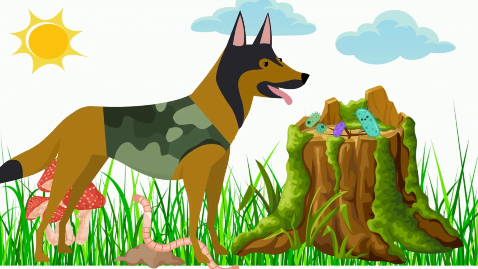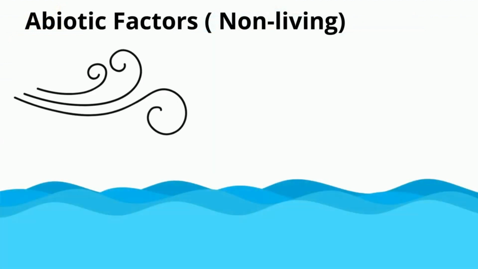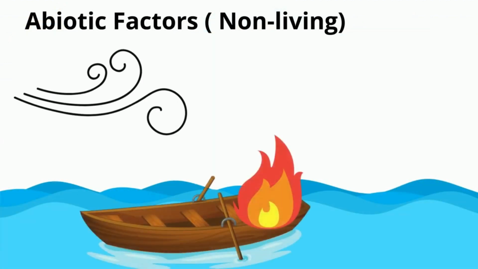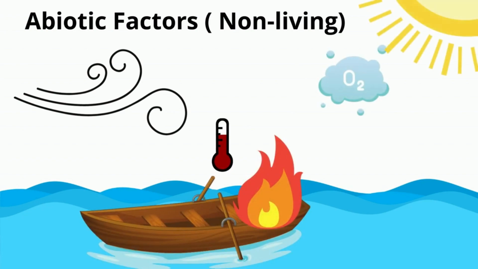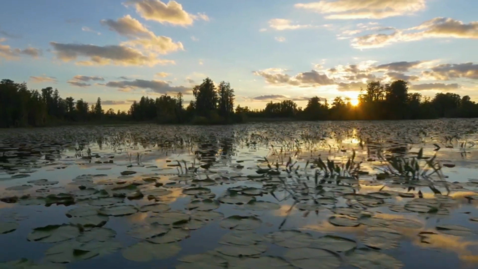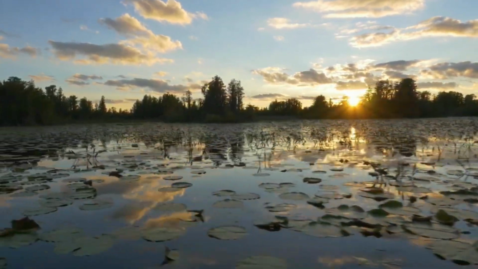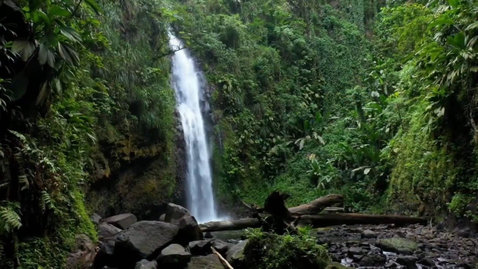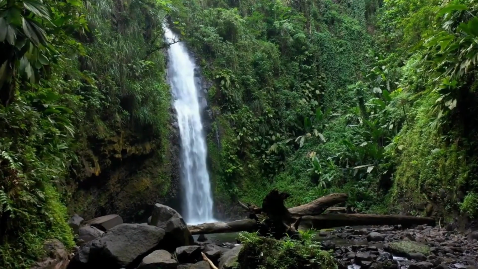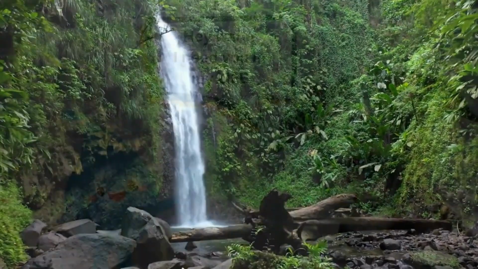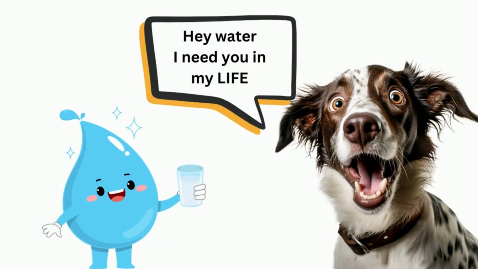Other examples of abiotic factors include wind, water, fire, oxygen, temperature, sunlight. So in summary, the interaction between living and non-living organisms, or biotic and abiotic factors, is what creates a complex and interconnected ecosystem. Living objects need non-living objects to survive.